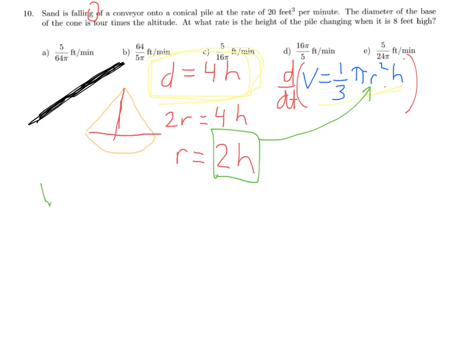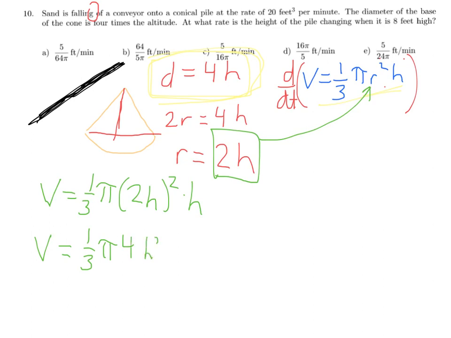In other words, the volume is going to equal 1/3 times pi times 2h squared times h. Then we algebra. 1/3 times pi times 4h squared h, which is 4/3 pi times h cubed.